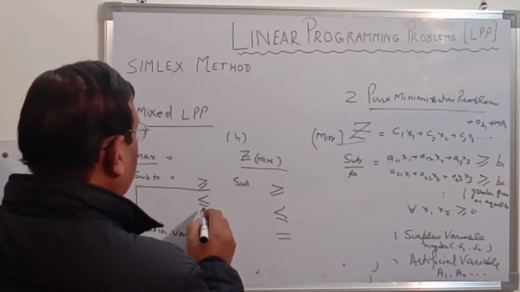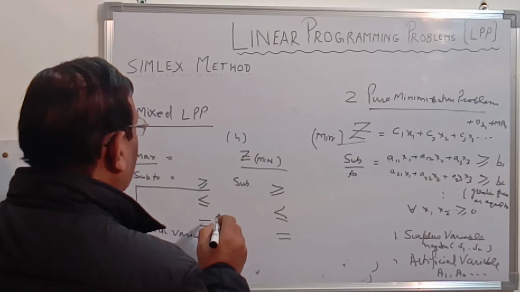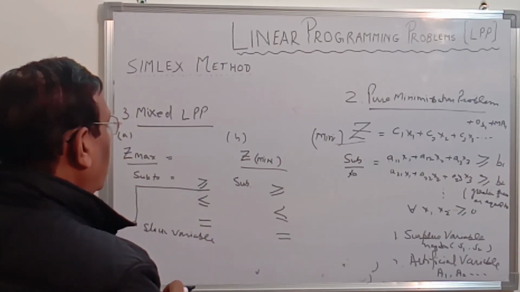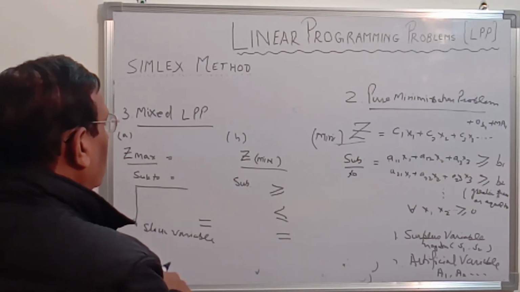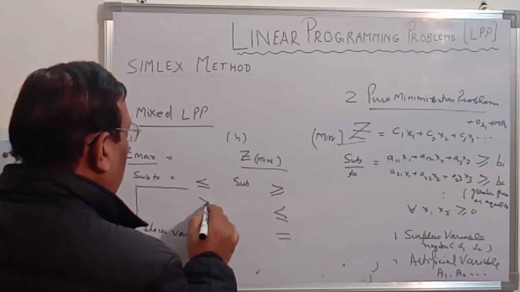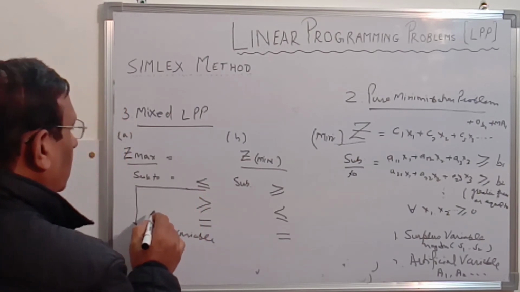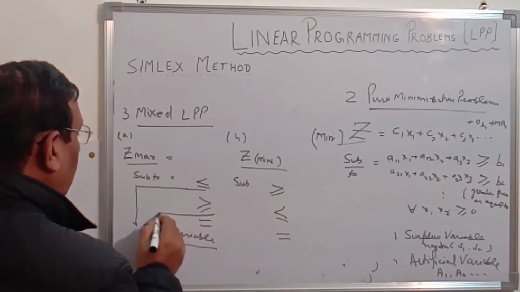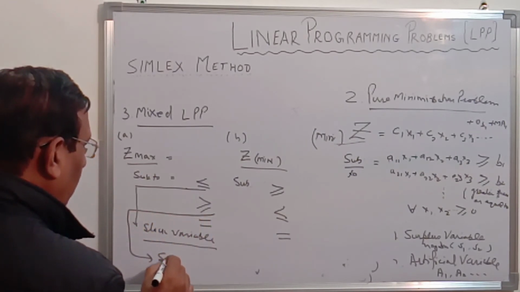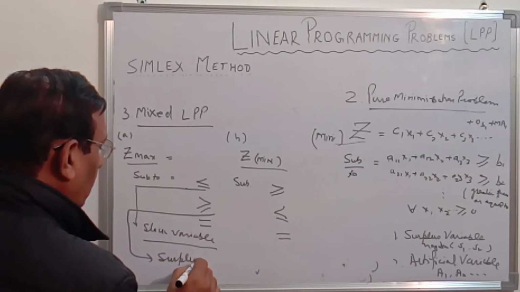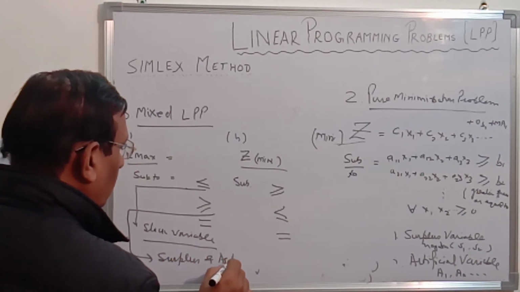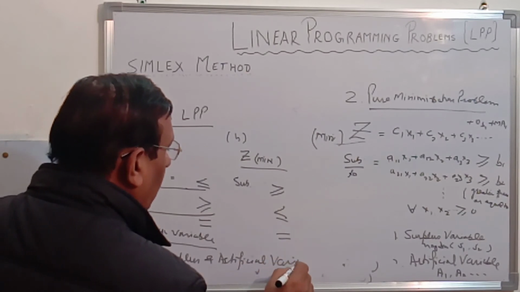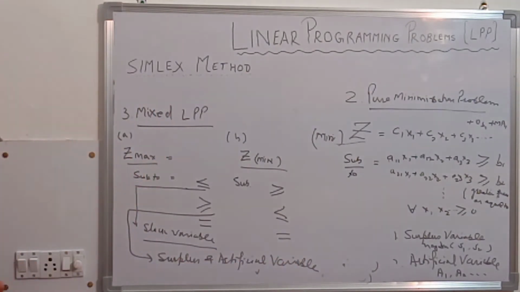And if the equation is greater than or equal to, then surplus and artificial variable. Surplus and artificial variable will come together.